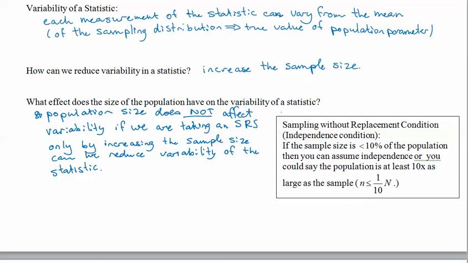I'll draw your attention to our box here. Nice box. Sampling without replacement condition. This is the condition to have independence. If the sample size is less than 10% of the population, then you can assume independence, or in other words, you could say the population is at least 10 times as large as the sample. So this often allows us to use normal distributions, because our sample is so small that it's as if, if I randomly take from a big room full of balls and I take less than 10% of them, the fact that I'm not replacing we can assume is not going to affect our probability.